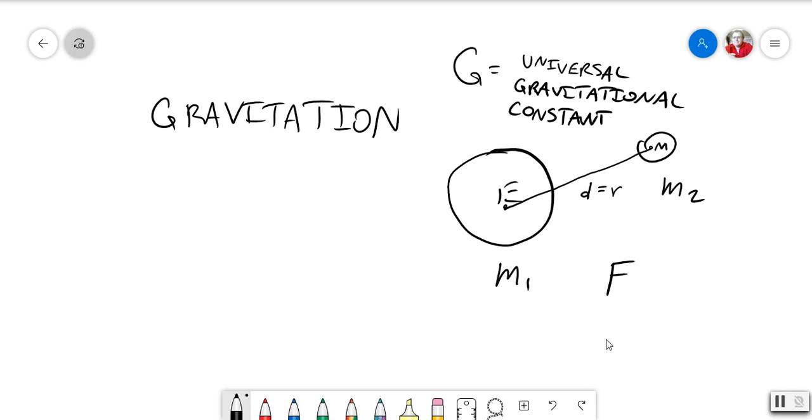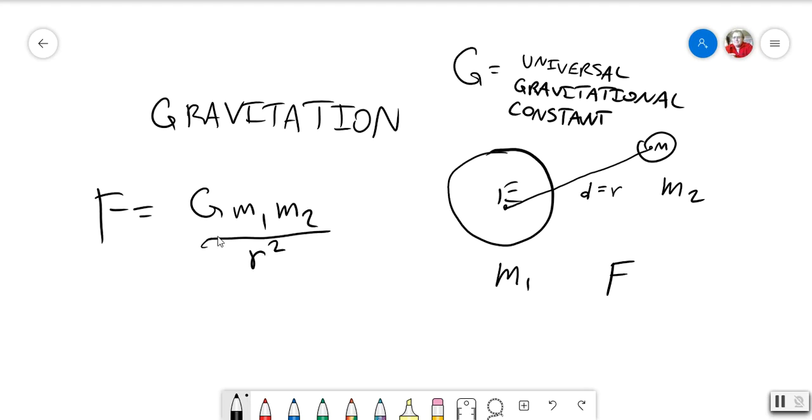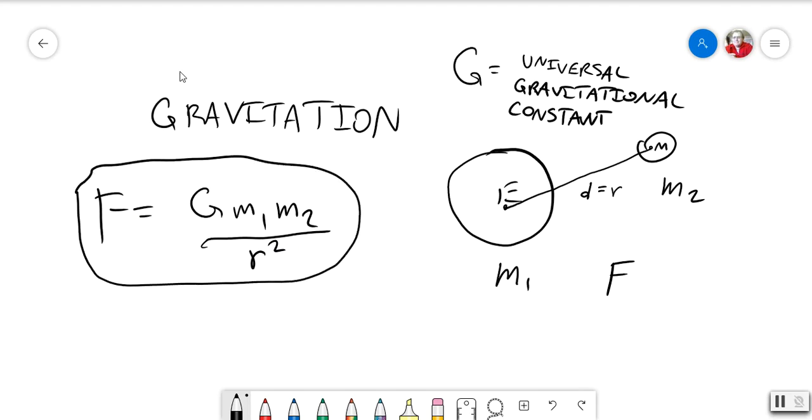I'm not going to pull out the exact figure for it. The main thing I'm looking at is more conceptual. F equals G M1 M2 over R squared. That is Newton's law of universal gravitation.